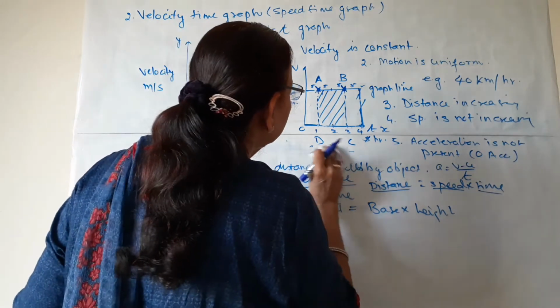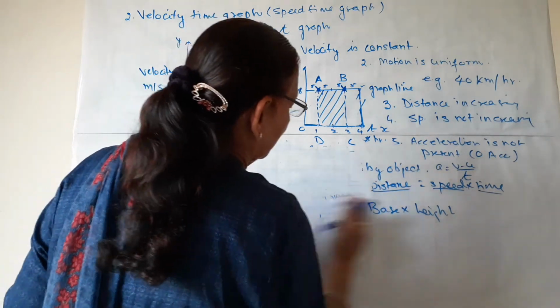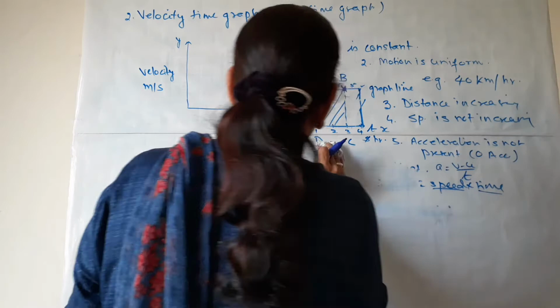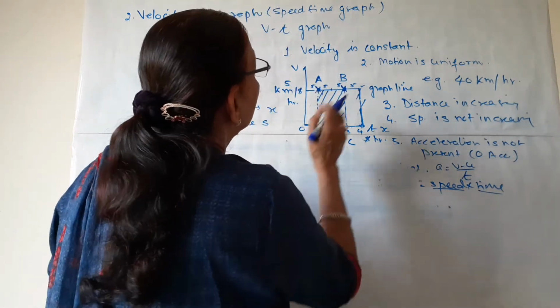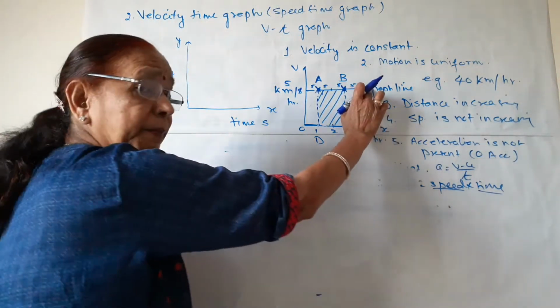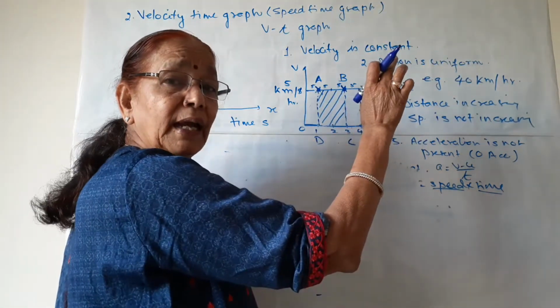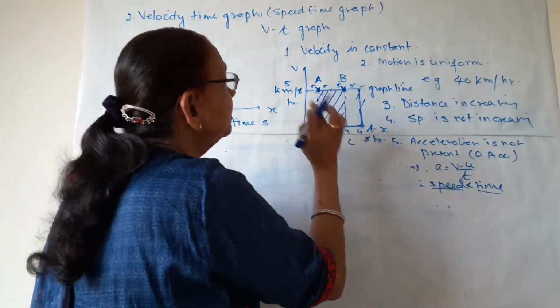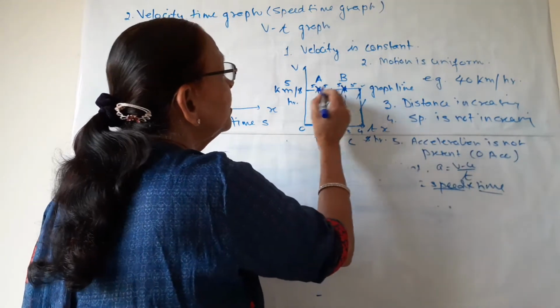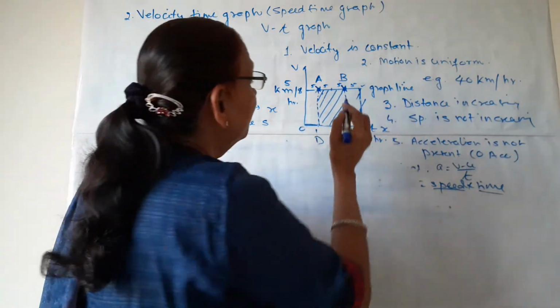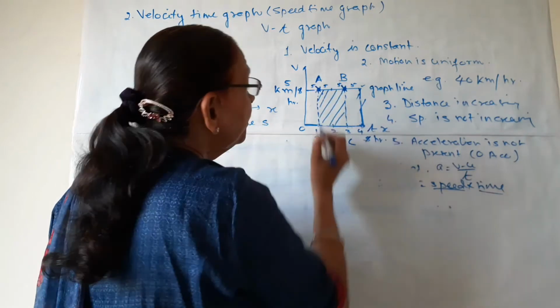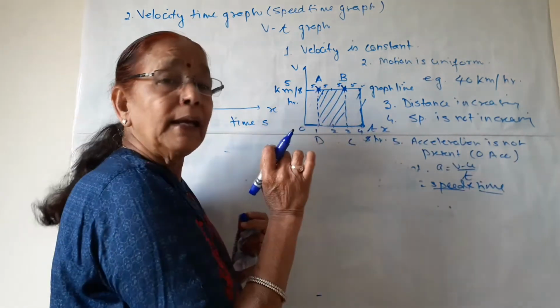Are you following this? So what I have done, this is the graph line when the motion is constant, a straight line parallel to the x-axis. Now we have taken 2 points A and B on this graph line and we put 2 perpendiculars on the x-axis.